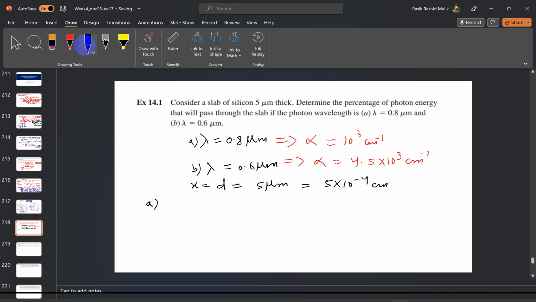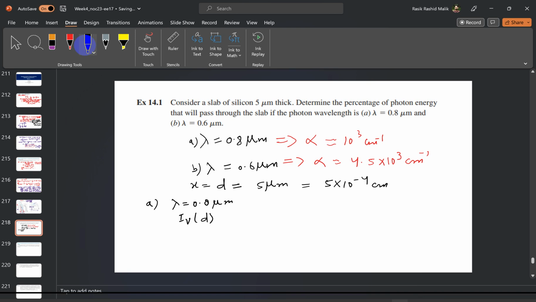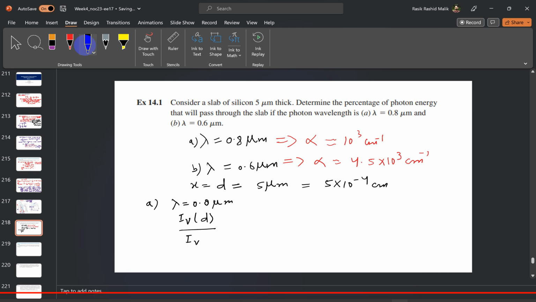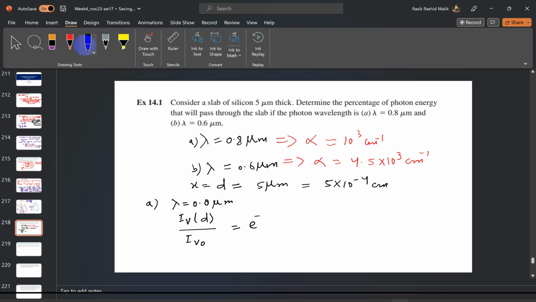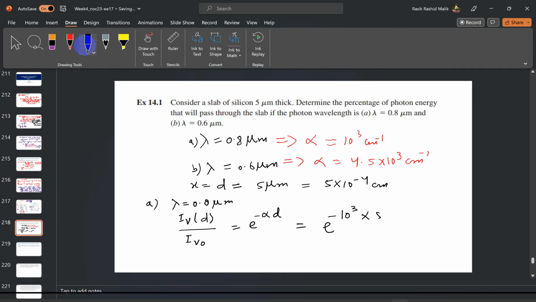For case 1, when lambda is 0.8, we can write IV at distance d, so that is the complete thickness of this slab, by IV at 0, so that will be e power minus 5. So that we can calculate. Alpha we already know, it is 10 to the power 3 for case 1, and distance is 5 into 10 power minus 4.